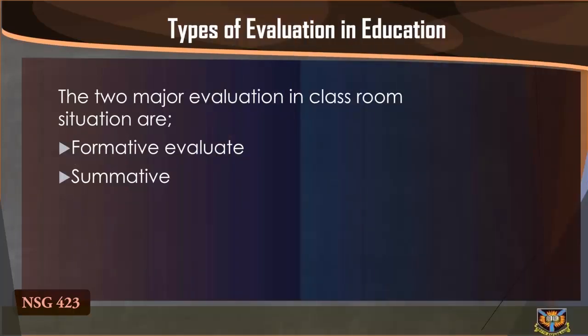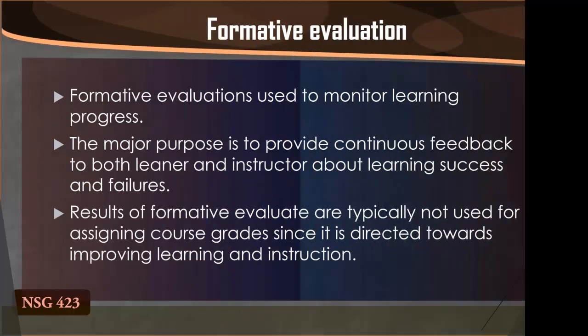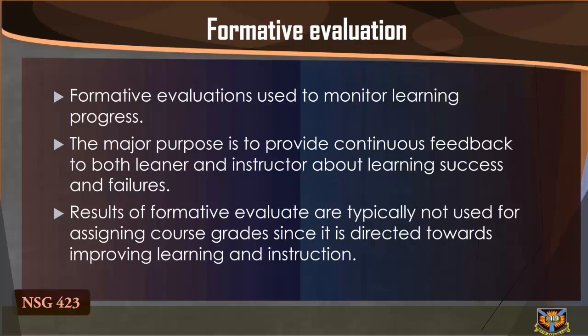Types of evaluation in education. The two major evaluations in classroom situation are formative evaluation and summative evaluation. Formative evaluation is used to monitor learning progress. The major purpose is to provide continuous feedback to both learner and instructor about learning successes and failures.